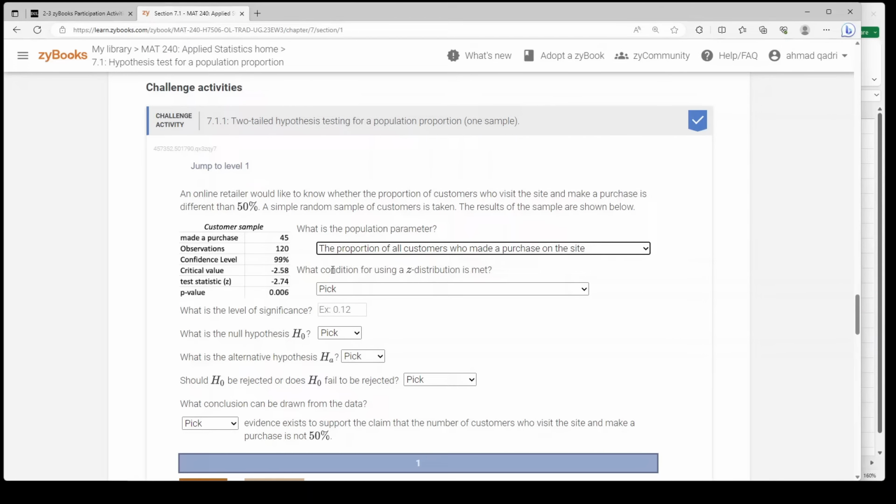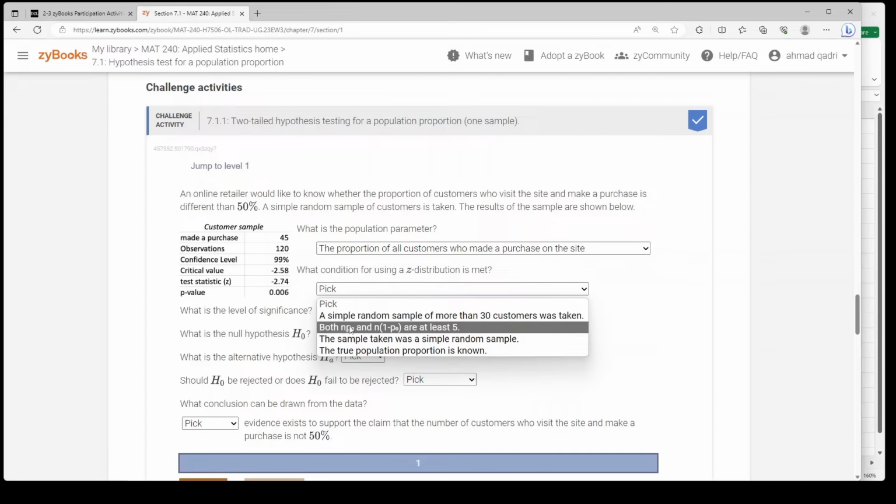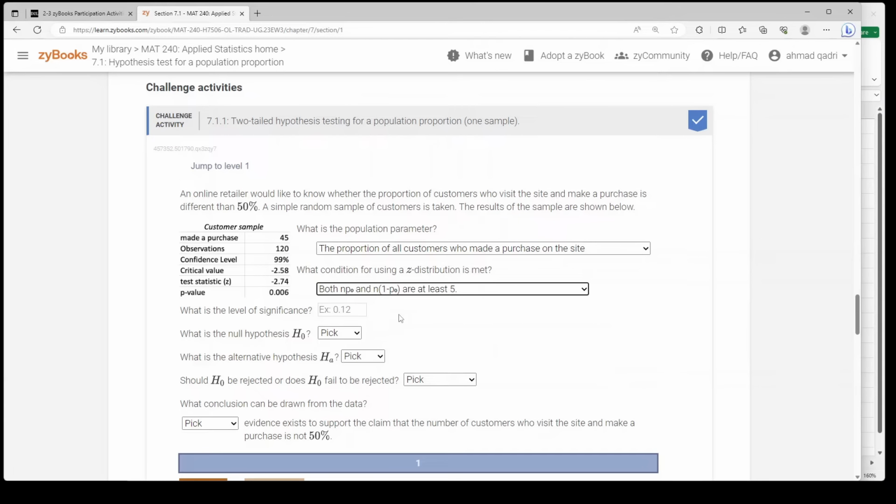The next question is, what condition for using a z distribution is met? Out of these four responses, this is the correct response, and the correct answer here is actually discussed in section 7.1 right at the start. What is the level of significance?